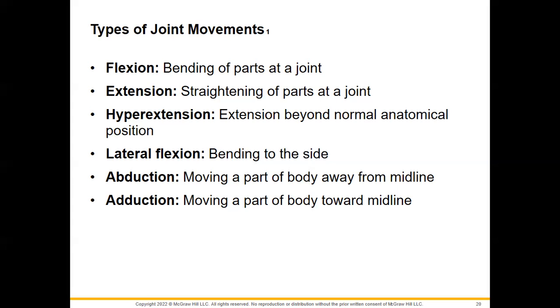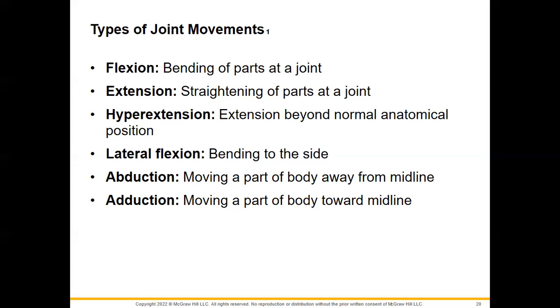Lateral flexion is when you are decreasing the angle at a joint, but you're doing it toward the side. So bending from one side to another is lateral flexion. So if you bend your head toward your shoulder, that is lateral flexion, either on the right or the left.